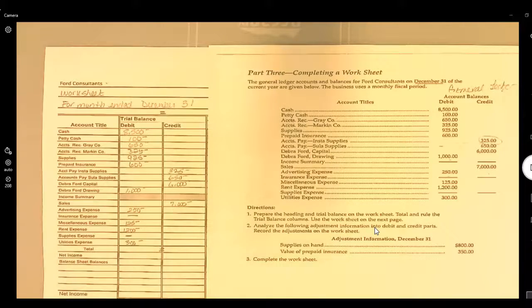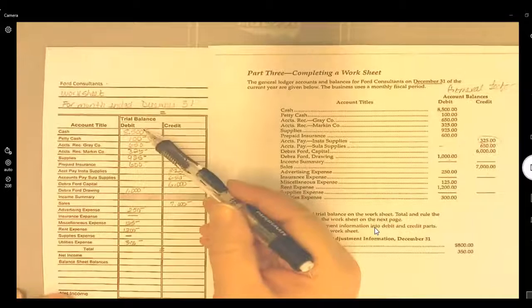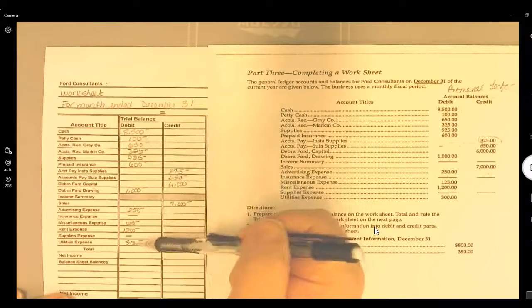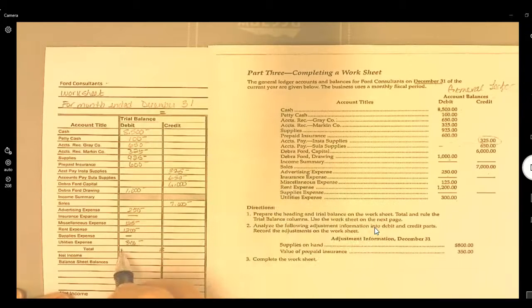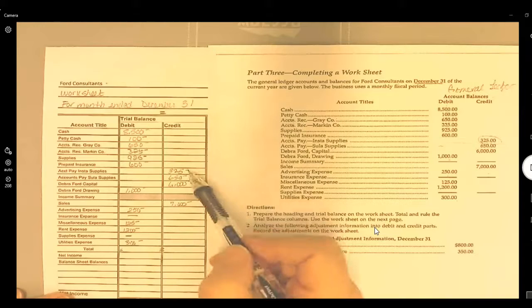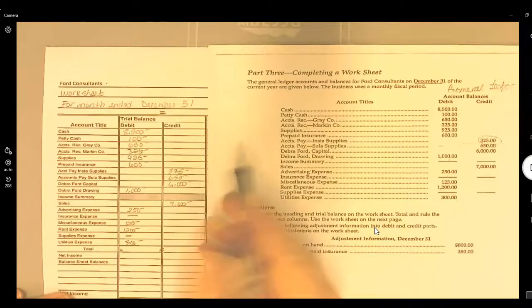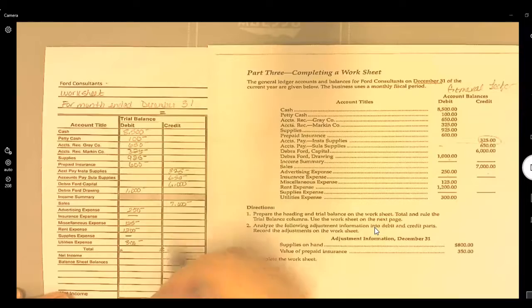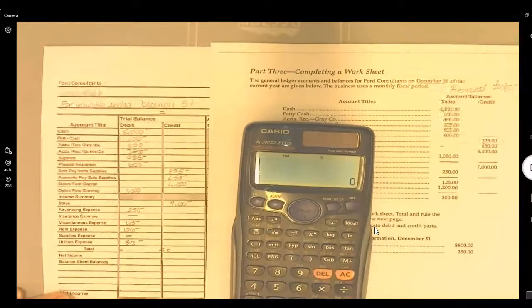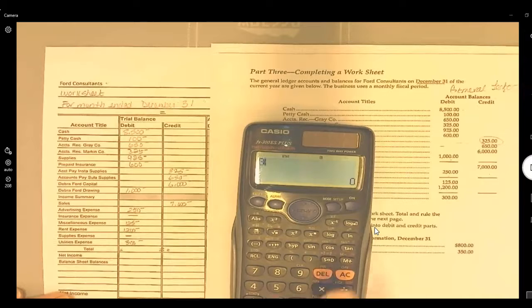Now, the next key is to add up all of the debits together vertically in the column. Put the amount there. Then you add up your credits and you put the amount there. The debits must equal the credits. Let's add the credits first.